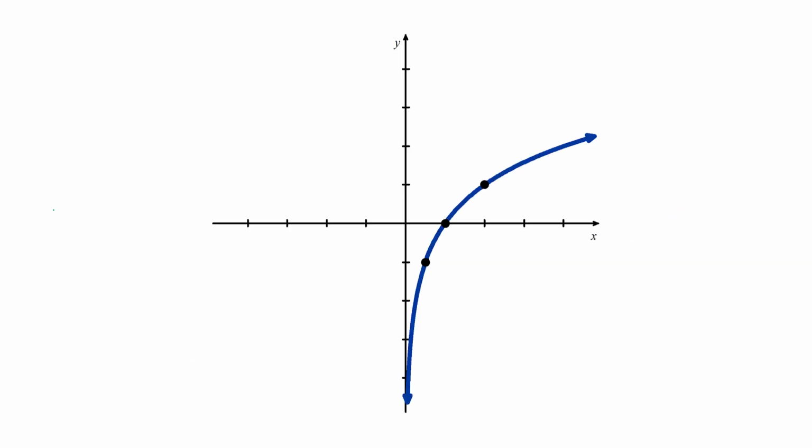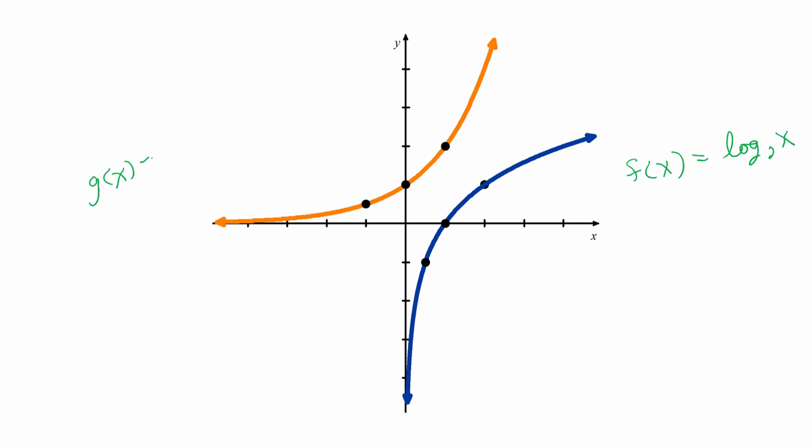Okay, let's look a little more at this. The graph of this function, f of x equals log to the base 2 of x. Along with the graph of f of x, I'm going to put the graph of g of x equals 2 raised to the power of x, and let's look at some common characteristics between these two functions.